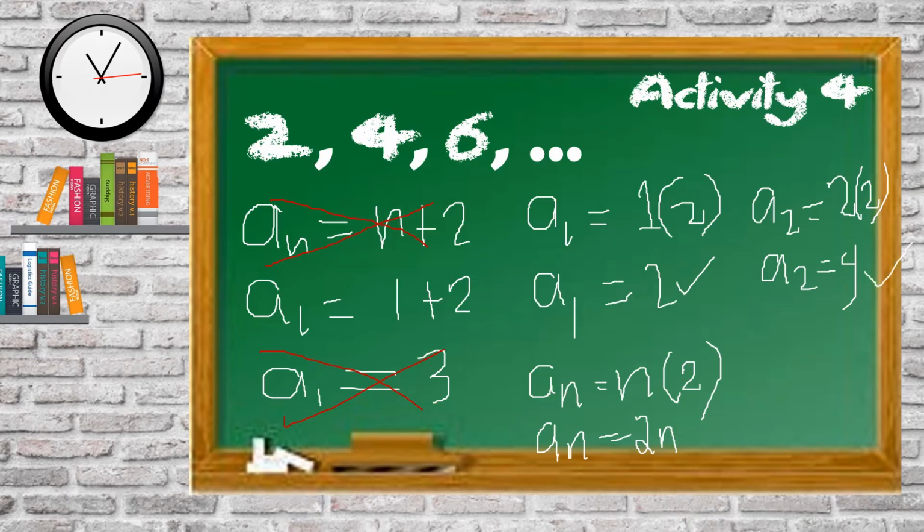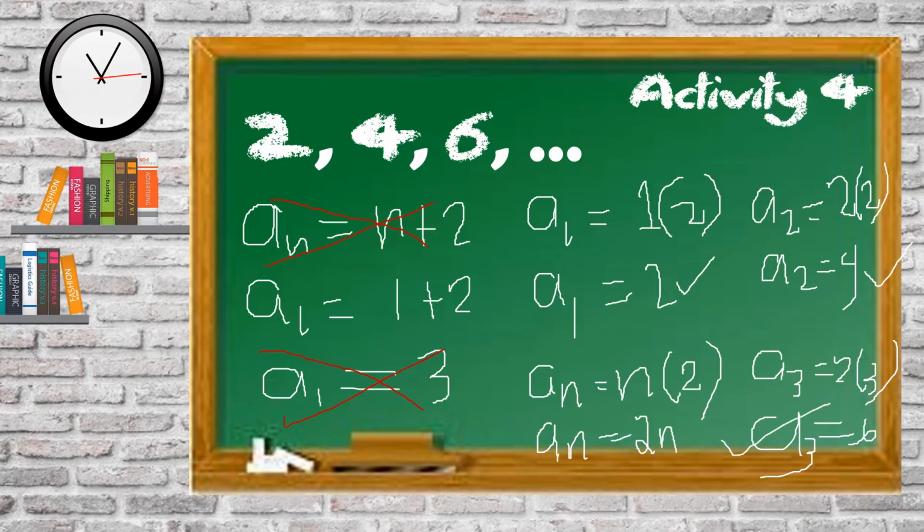para sure lang, check natin kung tatama pa rin yan para sa third term. Dapat 6 ang maging sagot. So, a sub 3 equals 2 times 3, which is 6. Ayan. So, a sub 3 natin ay 6. Ayan, tama rin.